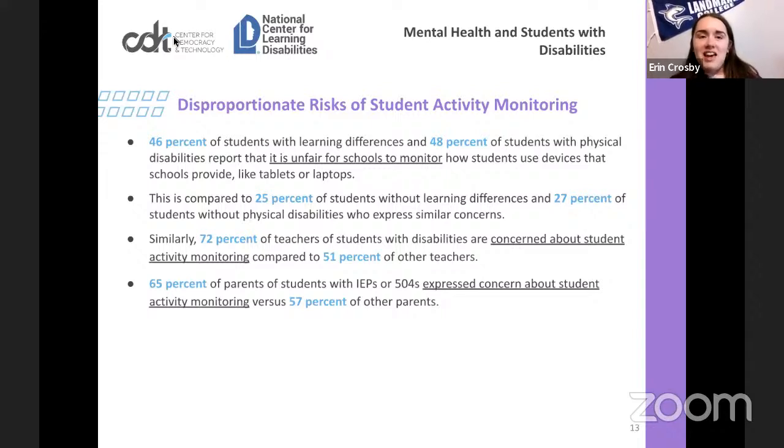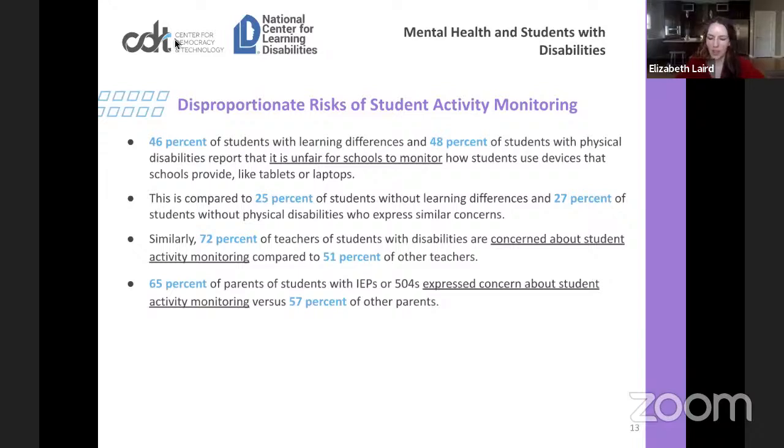Then he proceeded to say, "Because what I do on the computer after school is none of your beeswax." So students are taking a very reasonable stance, being like, "Why do you need to know what I'm doing outside of school? It's not school time. And also, you could be spying on me, and then I can get in trouble for something that isn't even happening during school time." And I gathered that from second and third graders during remote learning.